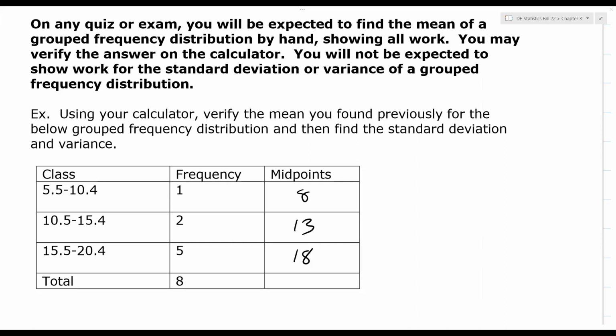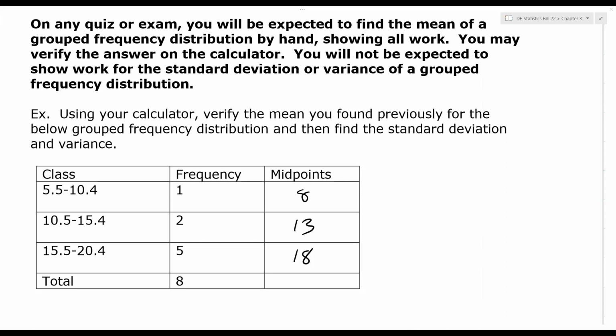We are still only dealing with one variable. It's tempting to think of two variables because we have two lists, but those two lists are just describing one variable. We just have a frequency and a midpoint. It's still all talking about the same thing. So it's still 1-Var Stats, one variable statistics. The list is where we want to put our midpoints.